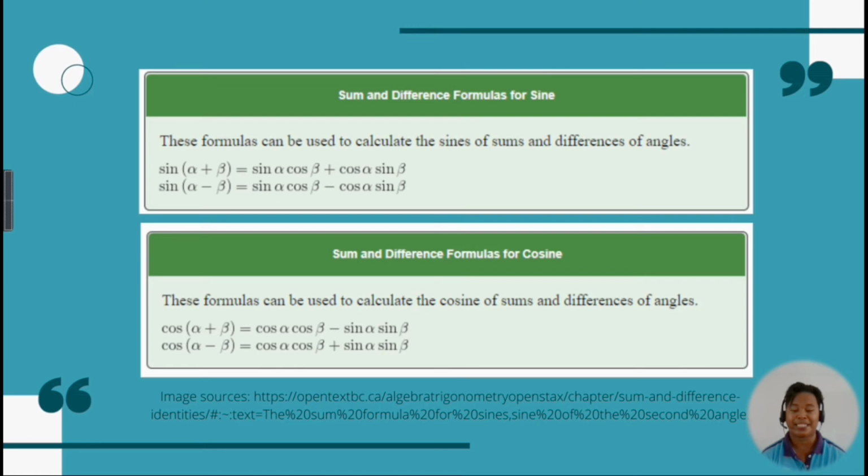For sine A plus B, we have sine A cosine B plus cosine A sine B. For the difference, sine A minus B is sine A times cosine B minus cosine A sine B. For the cosine, the sum of two angles is cosine A cosine B minus sine A times sine B. For the difference, we have cosine A times cosine B plus sine A times sine B. After this, we're going to calculate the given angles that we have earlier.